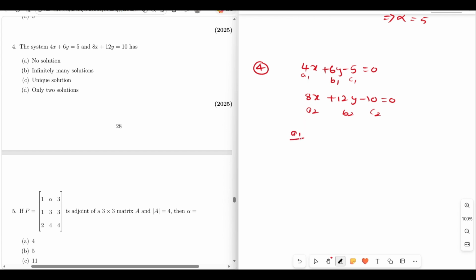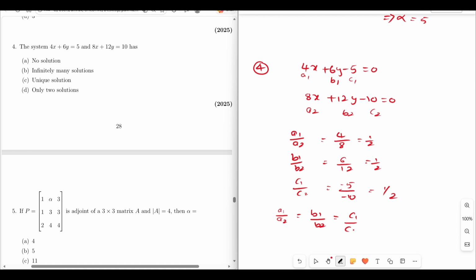So a1 by a2. What will be the answer? 4 by 8, which is equal to 1 by 2. Similarly, b1 by b2 is 6 by 12, which is equal to 1 by 2, and c1 by c2 is minus 5 by minus 10, which is equal to 1 by 2. So when you observe this, a1 by a2 is equal to b1 by b2, and this is equal to c1 by c2.